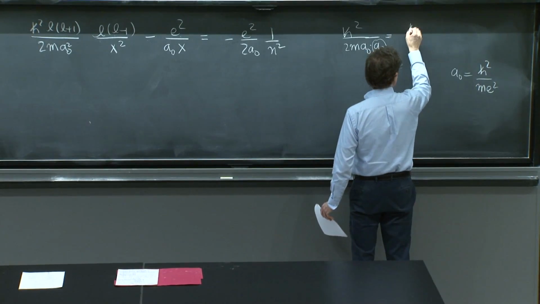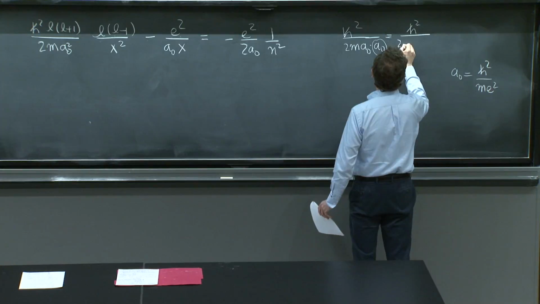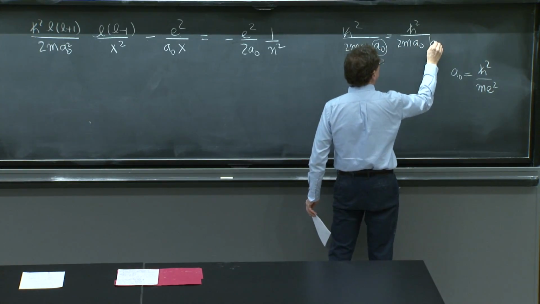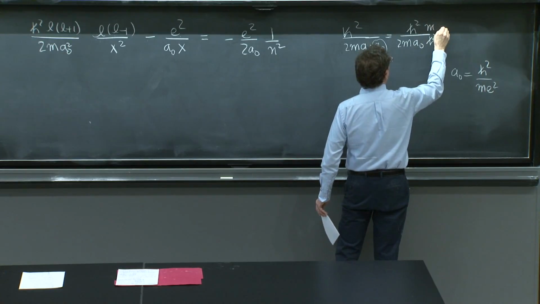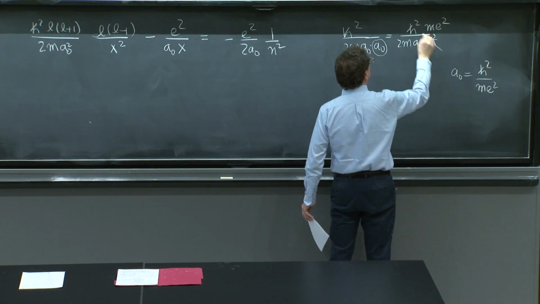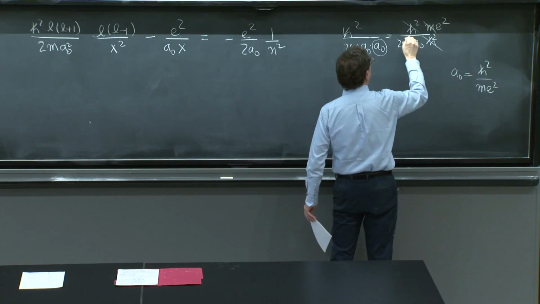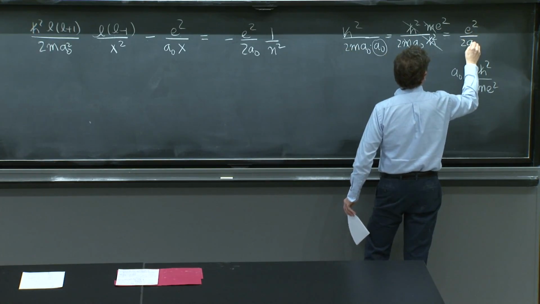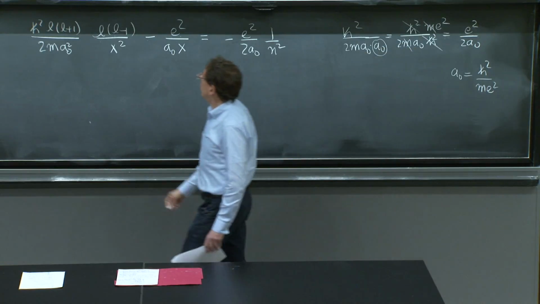So here we get ħ² over 2m a0, and that a0 now has an ħ², and there's m e², so the ħ² cancels, the m cancels, and this is e² over 2a0.